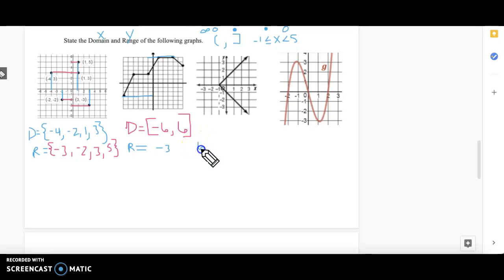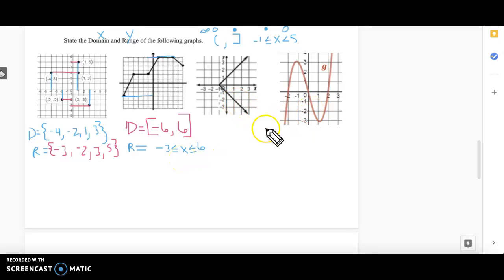I'm going to go ahead and write this one using my inequality. So lowest is -3. Again, because both of those have a dot, I'm going to say less than or equal to y and less than or equal to 6. So it's saying that everything greater than -3 and everything less than 6 is my range.